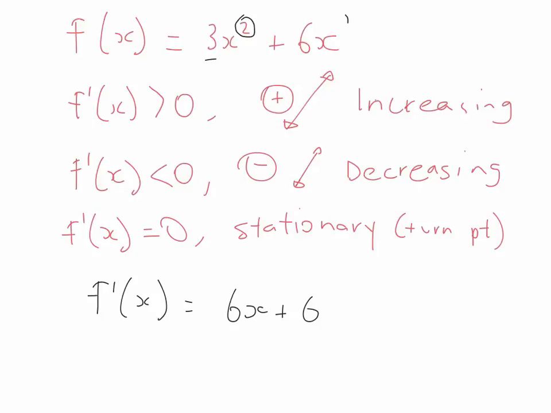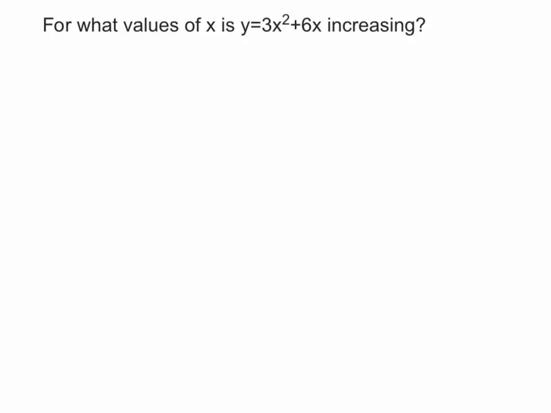And if we look at our example here, what we're really being asked to find is, where is the gradient positive? So we just found an expression for our first derivative, which was 6x plus 6. Now what we want to do is actually find where that's positive. So all we need to do is set up an inequality. 6x plus 6 is greater than 0.